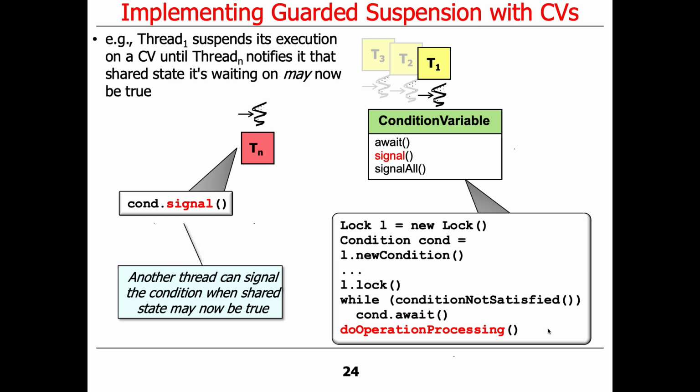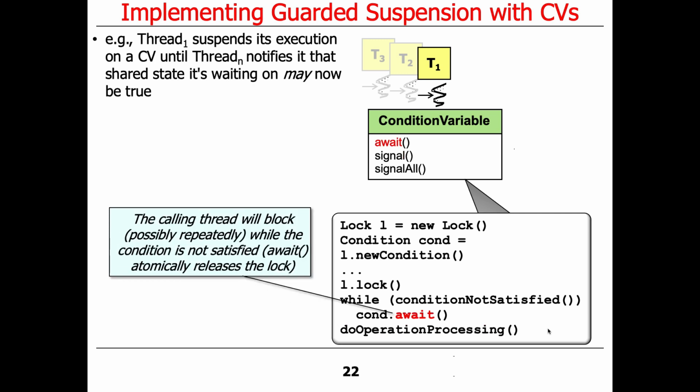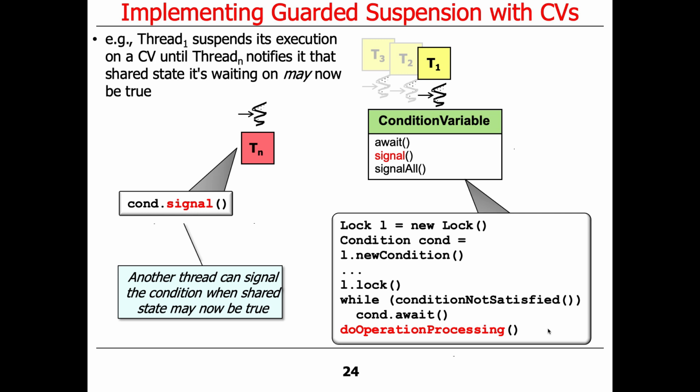The key thing to note here is that we're not going to get out of this loop until some other thread signals this condition, which will cause it to wake up, reacquire the lock, and then check the condition with the lock held to see if it's satisfied. If it's satisfied, we do the operation processing.